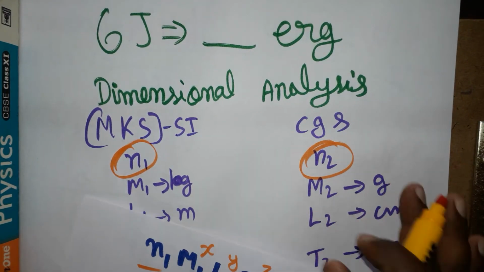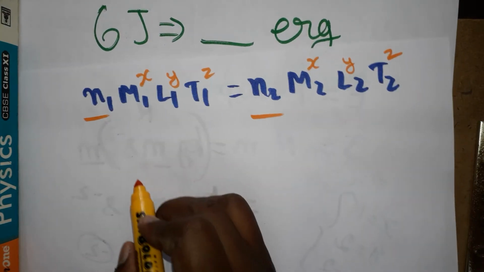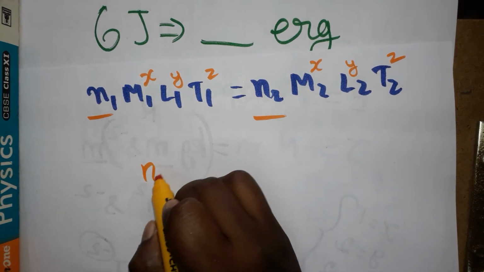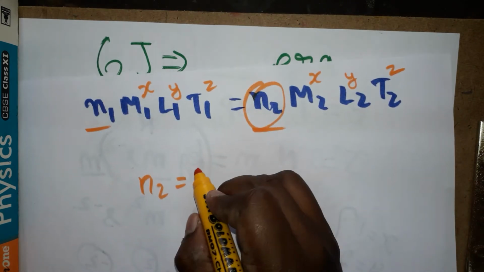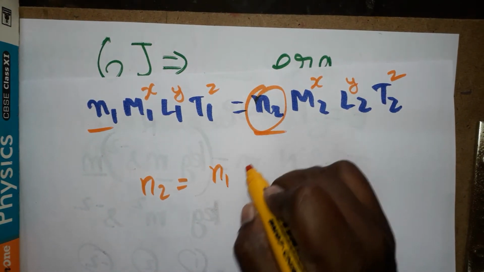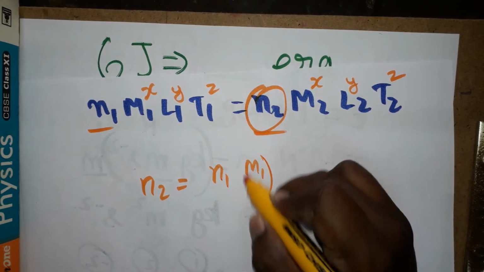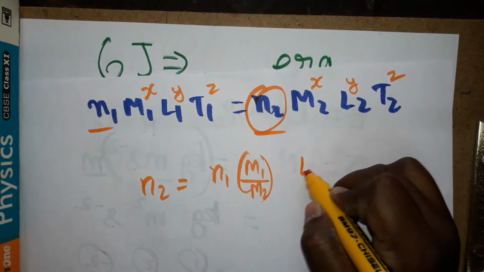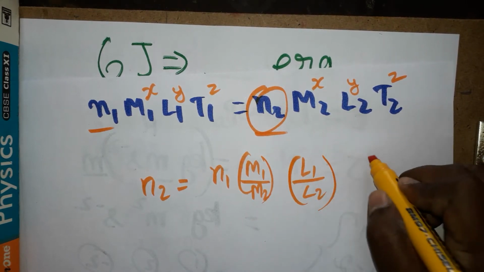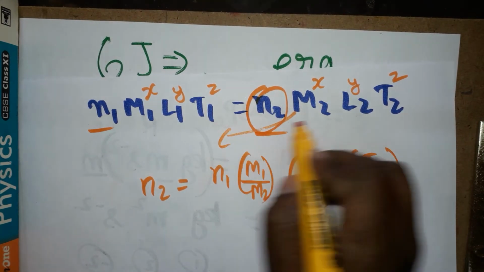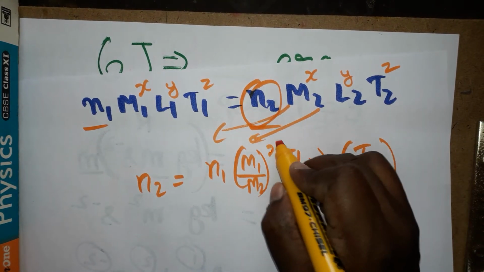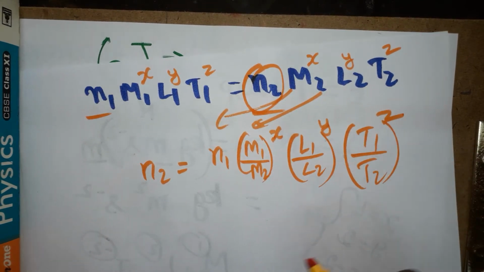So n2 is equal to question mark, because I am going to find what an erg is. So n2 is n1 times M1 by M2, L1 by L2, T1 by T2. Very simple, cross multiplication I am doing. The 2 I am bringing as a denominator, with power of x, power of y, power of z.